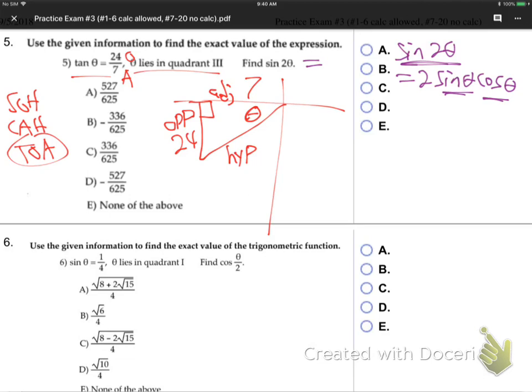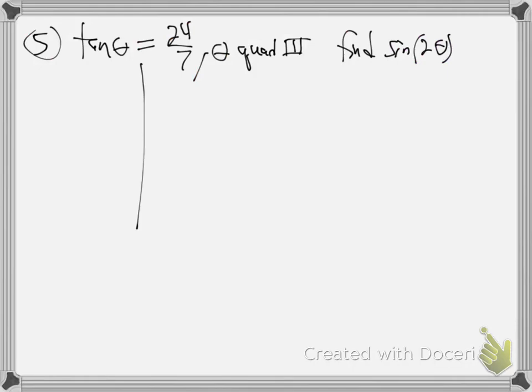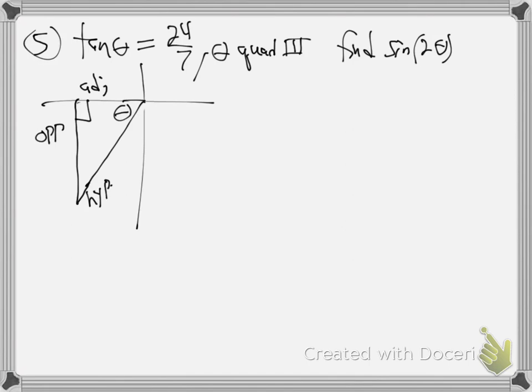Find the sine of 2 theta. Okay, so the third quadrant. So there's my triangle, there's my theta. Tangent is opposite over adjacent, hypotenuse.